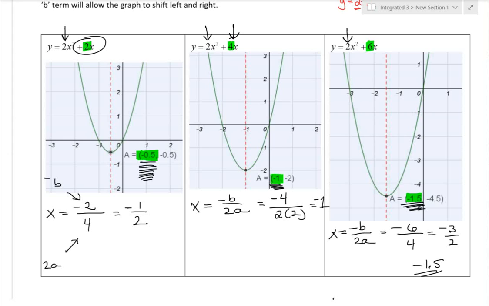Now, I want to show you this one other thing. If this is the x coordinate of my vertex, that's an x value that shows up on my graph.